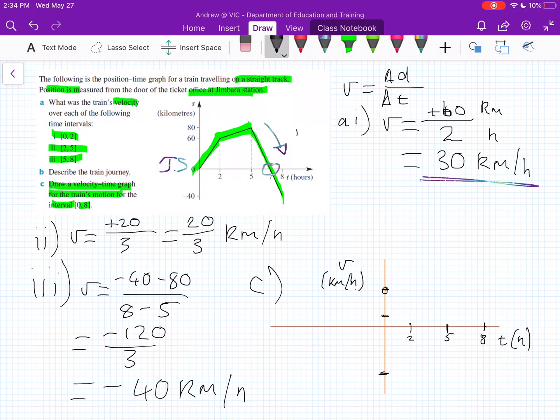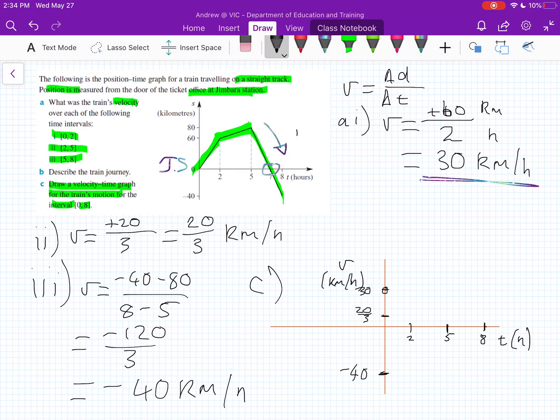Our first one is 30 kilometers per hour, then 20 over 3 for the next one. I've already put these on and measured them out to save a bit of time. And our last one was negative 40 kilometers per hour.